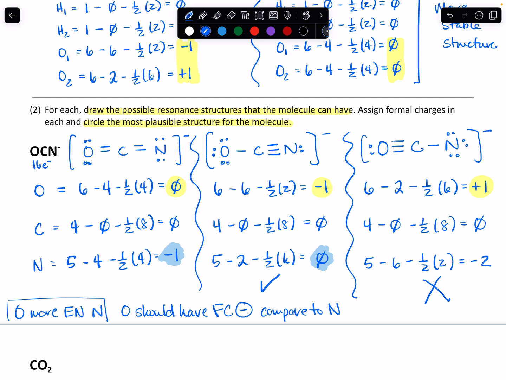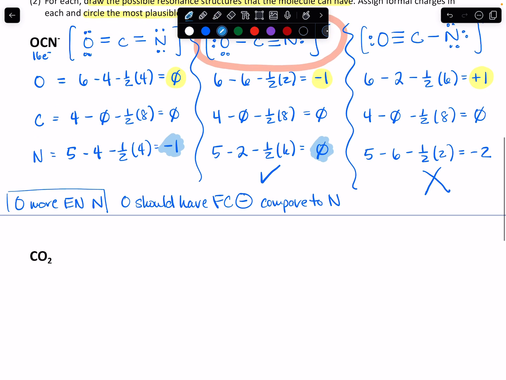Nitrogen can have a -1 formal charge, but not if oxygen's at 0. Oxygen is more electronegative, so it makes more sense for oxygen to be pulling the electrons towards itself. So the structure that is going to be the most stable of these three is going to be this one right here.